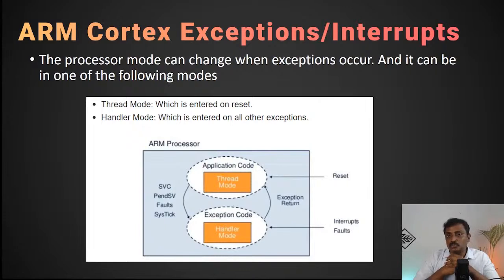There are two modes available on the ARM Cortex M4 series. One is the thread mode, which is the normal execution mode. The other is the handler mode. Whenever an exception or an interrupt occurs, the processor shifts from thread mode to handler mode. When the interrupt finishes, it comes back to thread mode again.